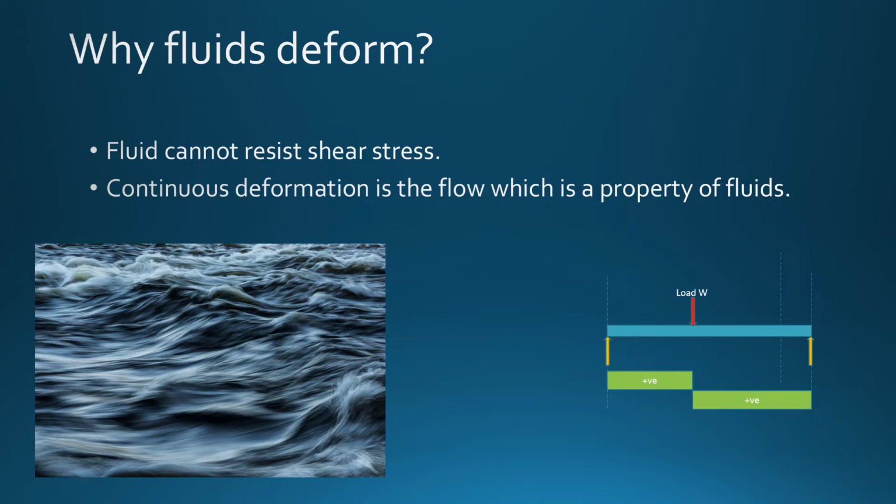This is a simply supported beam with the load applied here, and because of the applied load on the beam, shear force is developed throughout its section. Because the beam is a solid section, it can resist the shear force up to its shear strength. So some beams can resist more than others because different beams have different shear strength.